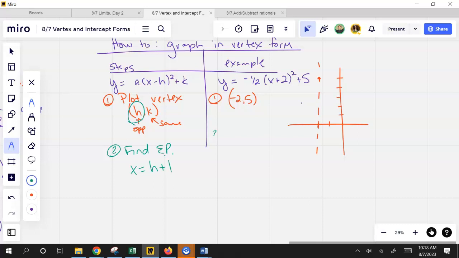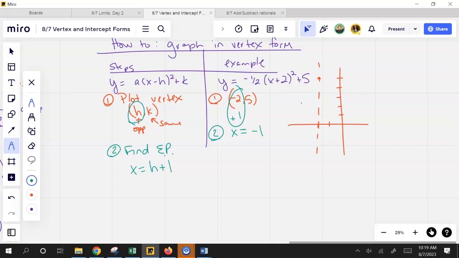So in the case of my example, what's a good x to use? -1, because if I add 1 to -2, I get -1. Do y'all see where that's coming from? Same place it comes from in standard form. Just add 1 to the vertex there.